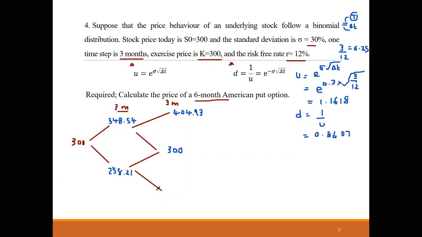And again, if it goes down again, multiplied by D again, which is 0.8607, you will have 222.24. So I hope you got this binomial tree by using the values of U and D that you have calculated. So these will be the stock prices at these time points.